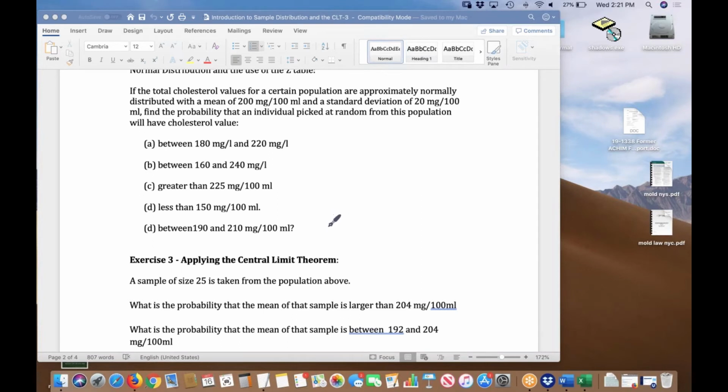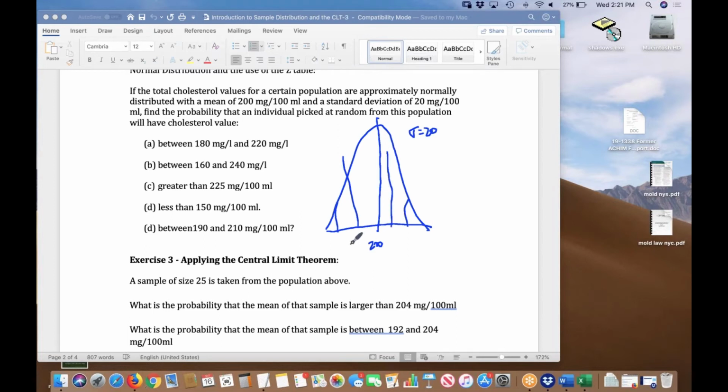Okay, so let's see what the normal distribution looks like for this population. The mean is 200, and sigma is equal to 20. And we said 180 and 160 are 1 and 2 standard deviations below, and 220 and 240 are 1 and 2 standard deviations above, and so on.